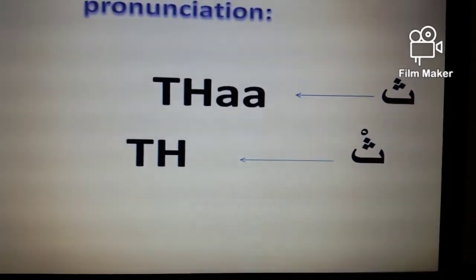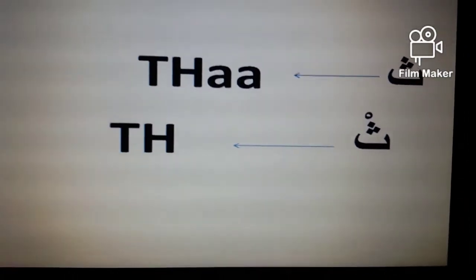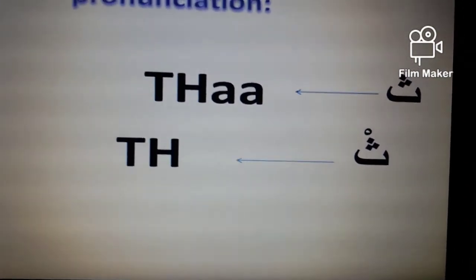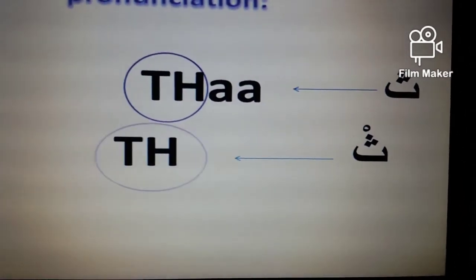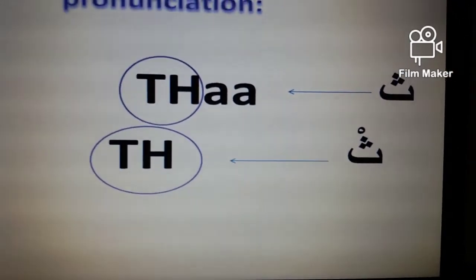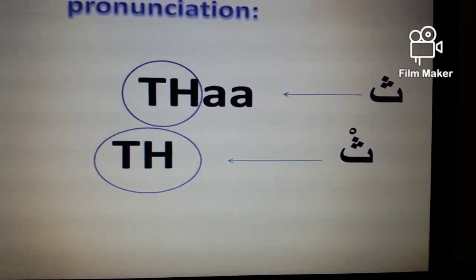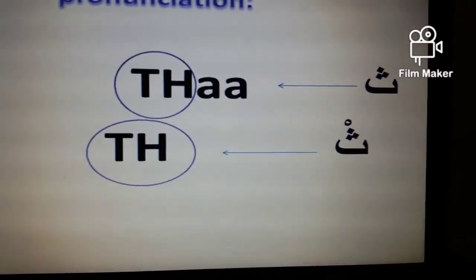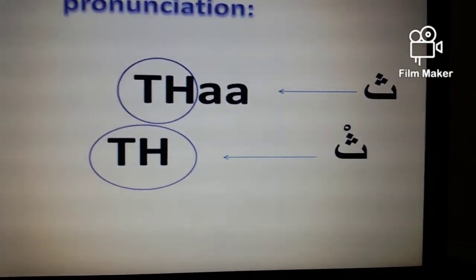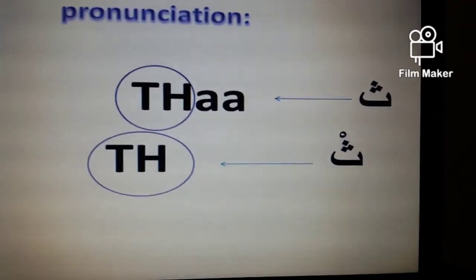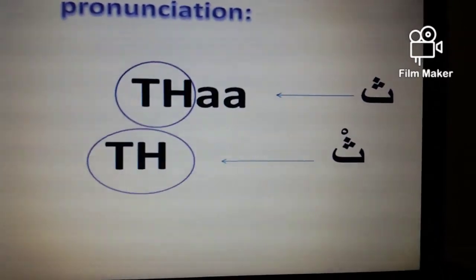So when we pronounce it in a consonant form, meaning with a sukoon over it, we take the first two letters of the name of that letter, so it becomes like that, and we make our tongue come out of our mouth, or not come out, we make it collapse with the seal of our mouth.